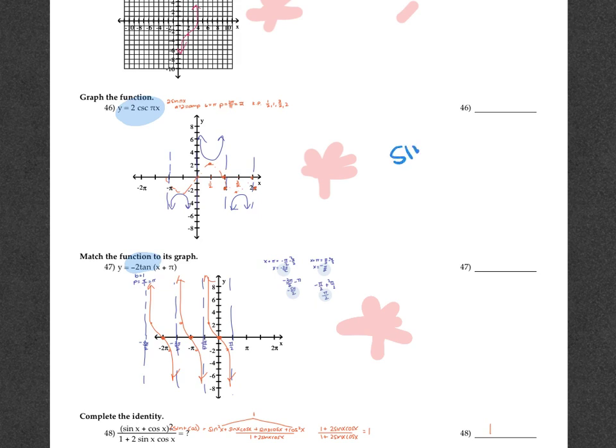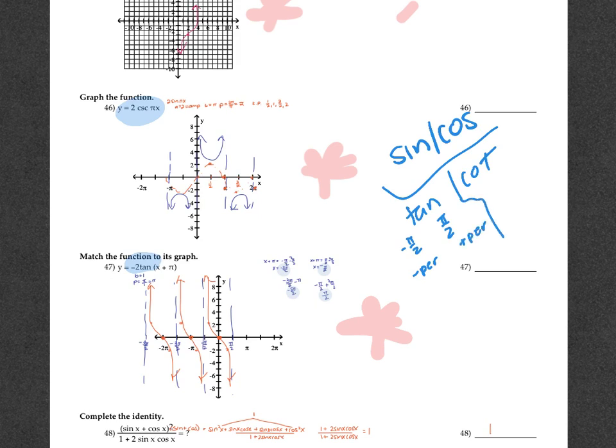Remember, sine and cosine is where we do the amplitude, the period, and then the quarter, half, 3/4 kind of stuff. Then came tangent and cotangent. Tangent, we set it equal to negative pi over 2, positive pi over 2, and then subtract the period, add the period. Cotangent, we set it equal to 0 and pi, subtract the period, add the period. Those are your asymptotes.